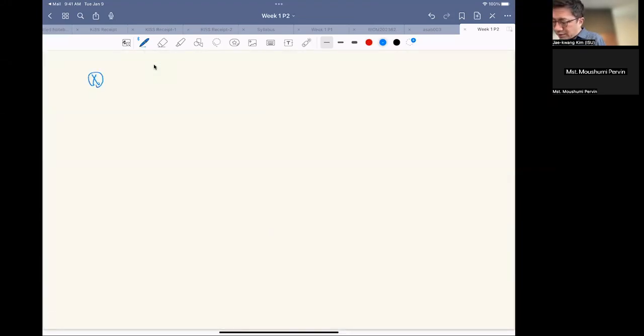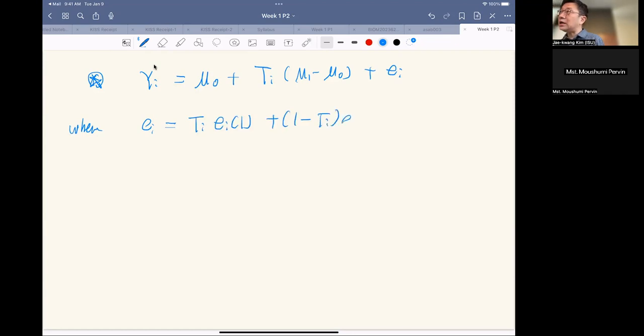Let's write it again. Yi is mu0 plus ti times (mu1 minus mu0) plus ei, where ei is equal to ti ei1 plus 1 minus ti ei0. I already showed that mu1 minus mu0 is nothing but tau.